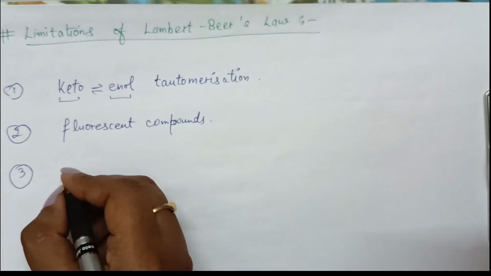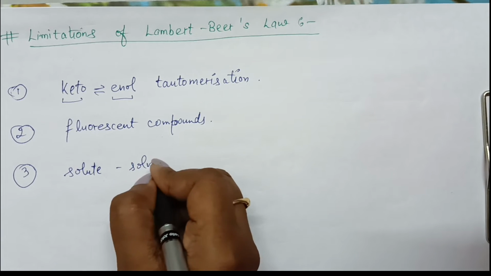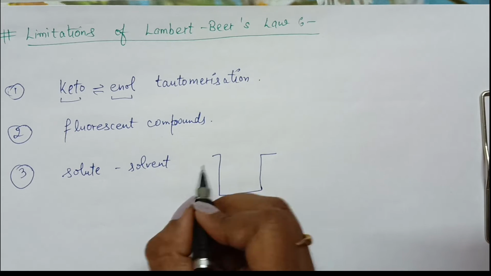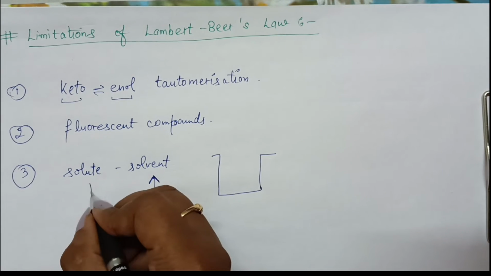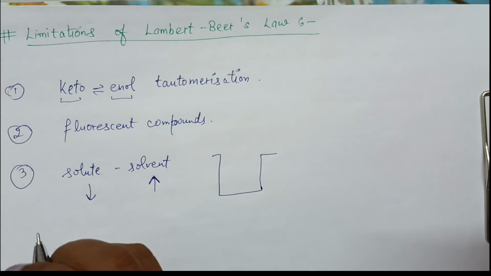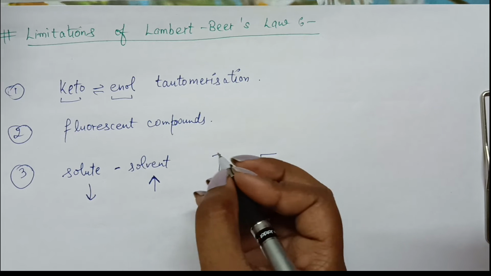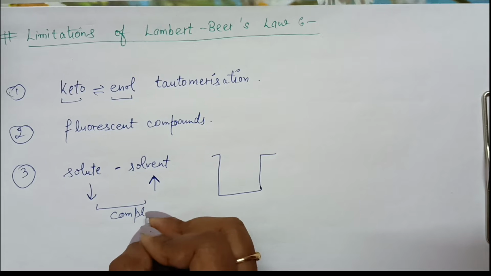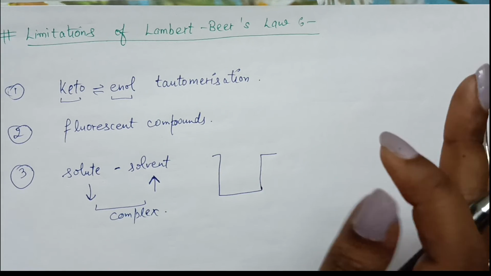Third, if we have a solution, then it will be comprised of solute and solvent. Solvent will be of higher amount and solute will be of lower amount. For example, if we have salt in water, then salt is the solute and water is the solvent. So if we have solute and solvent in a solution and they combine and form a complex with each other, in that case this law will not be applicable.